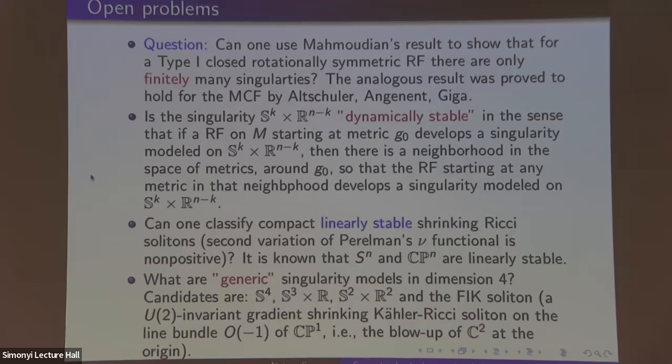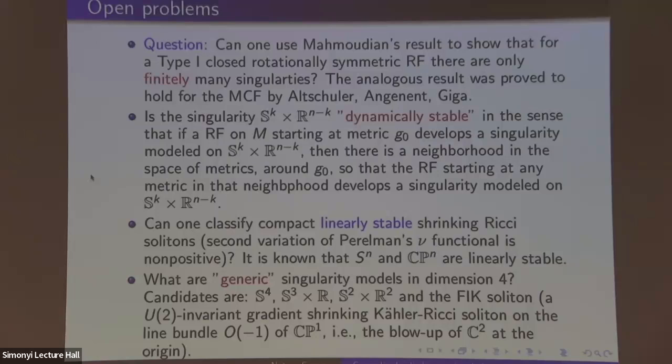The question is, can we use this result for type 1 closed rotationally symmetric Ricci flows to prove that they can only have finitely many points at which singularities happen? The analogous result in the mean curvature flow was proved by Altschuler, Angenent, and Giga.